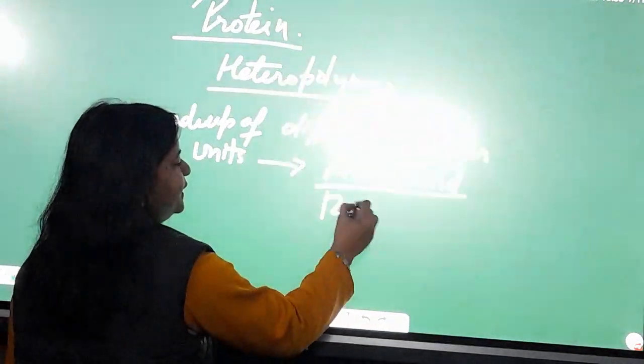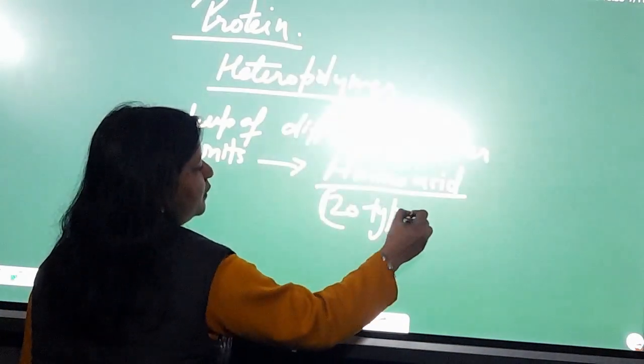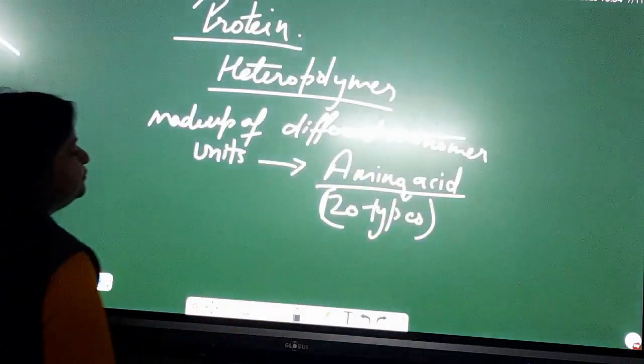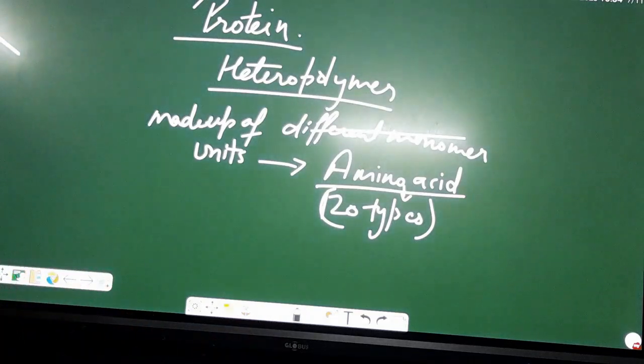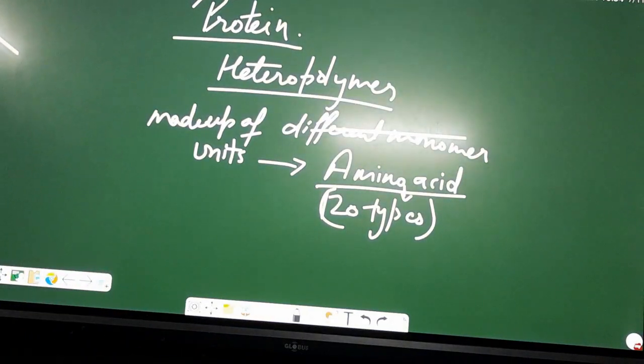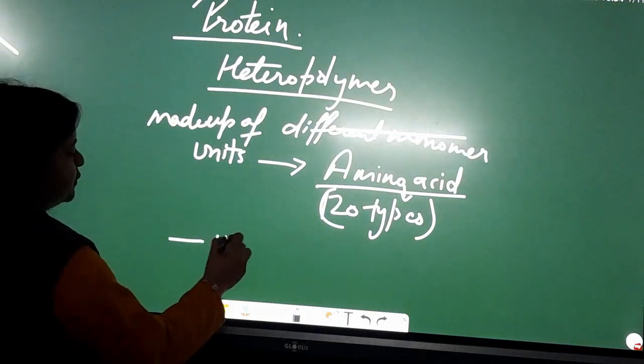There are 20 different types of amino acids, interconnected with each other with the help of peptide bonds.